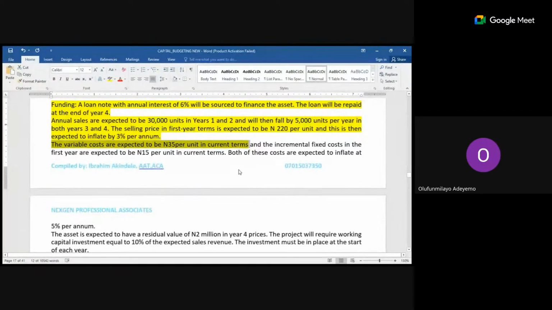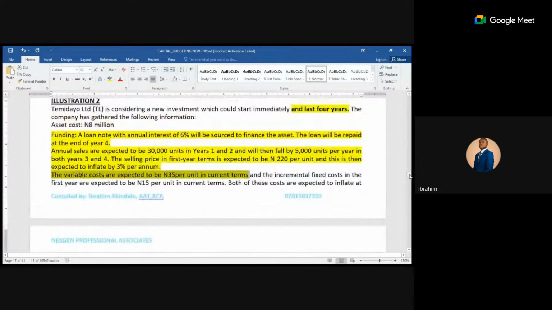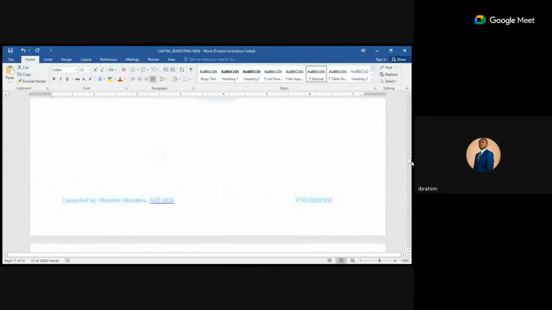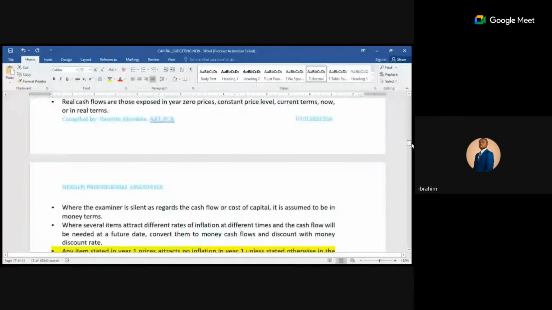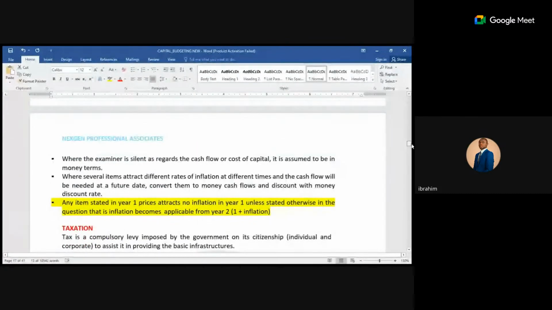Because according to what you showed earlier, you said inflation does not happen in the first year. So why are we doing times 1.05? Unless stated otherwise. Wait, I'm coming. I understand. I said unless stated otherwise in the question.